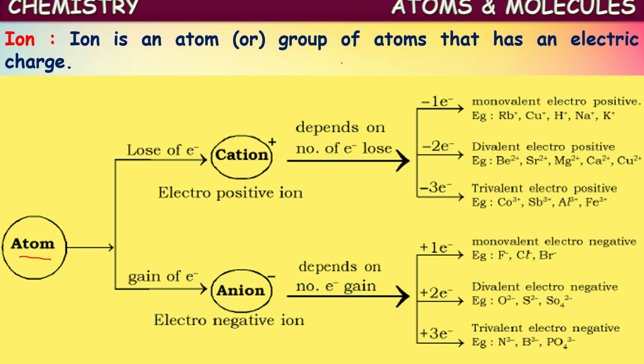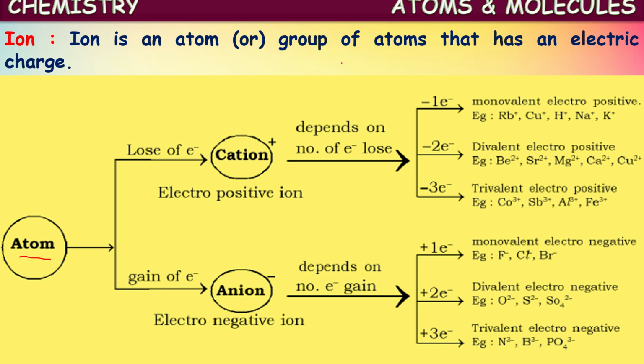If you add negatively charged particles to that neutral atom, the negative charge density is more on that atom. Then it is carrying that excess negative charge. That is called a negatively charged ion, nothing but an electronegative ion called an anion.